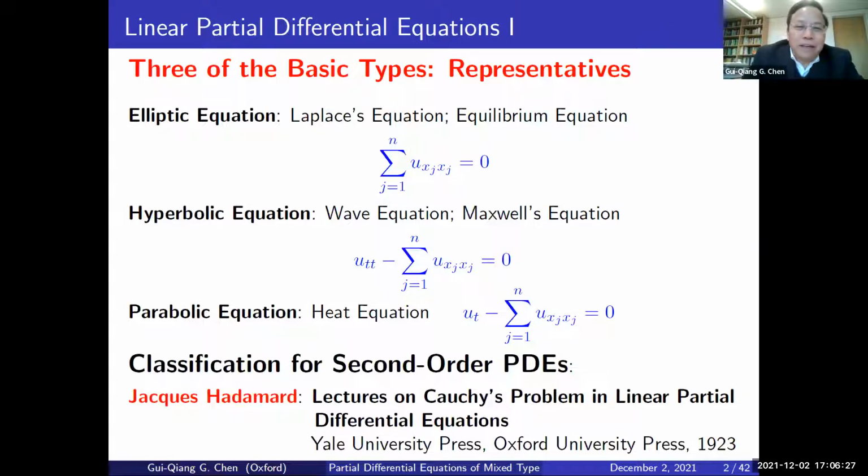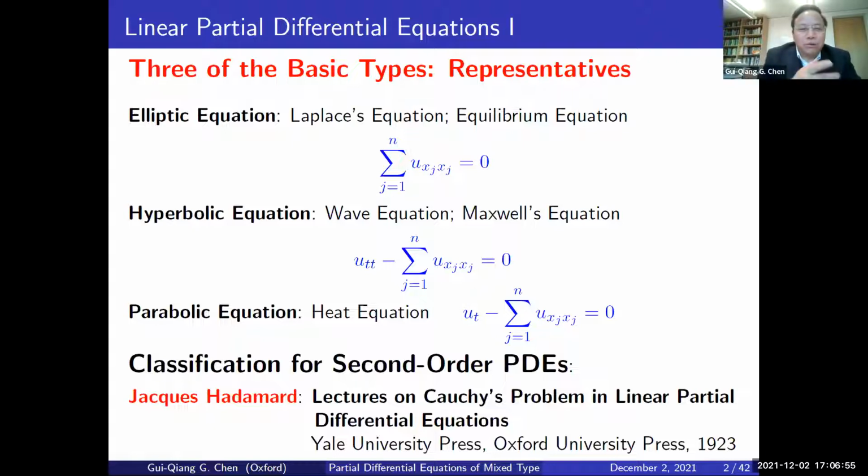Another is the regularity, the gain or loss of regularity. Since the solutions of elliptic and parabolic equations share many common features, in this talk I will focus mainly on the hyperbolic type, the elliptic type, and the mixed elliptic-hyperbolic type.